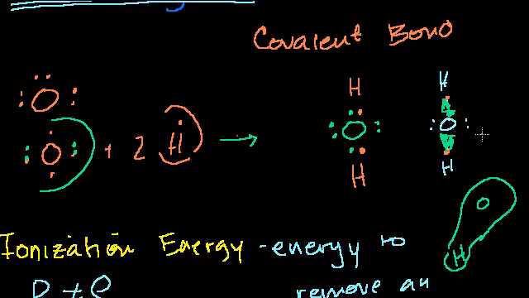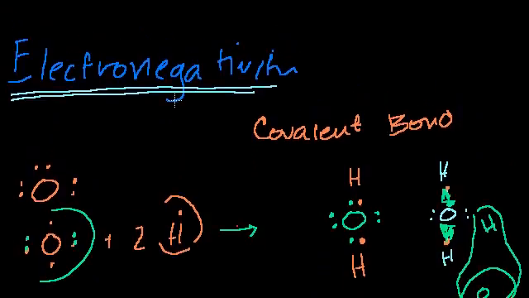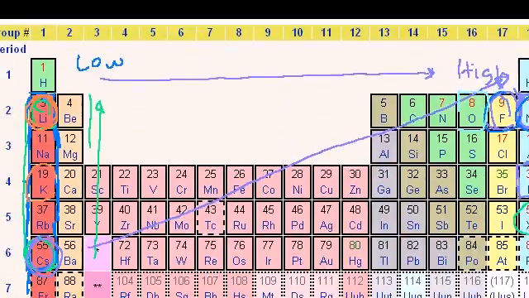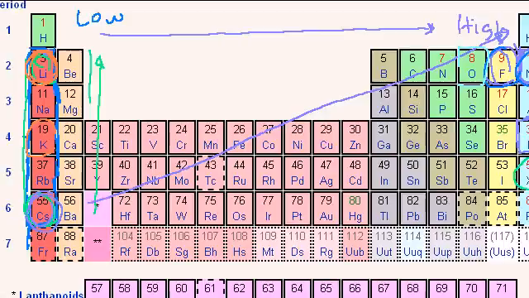That would be true for the other hydrogen too. The idea of electronegativity is just that one atom is going to hog the electrons more when you form a covalent bond.